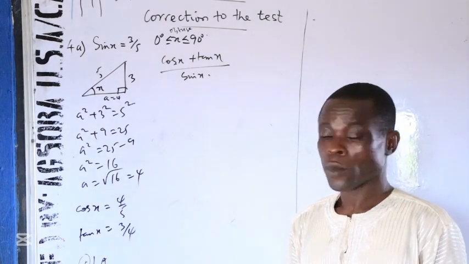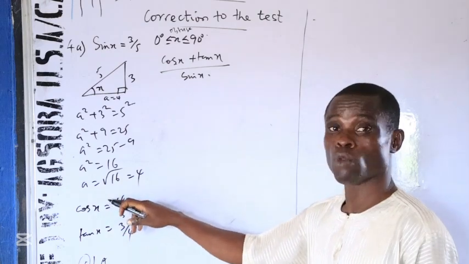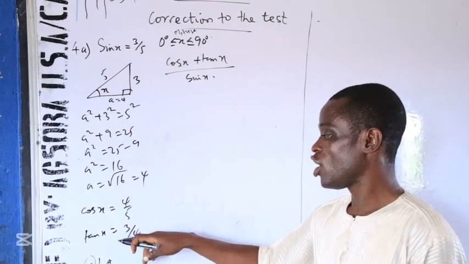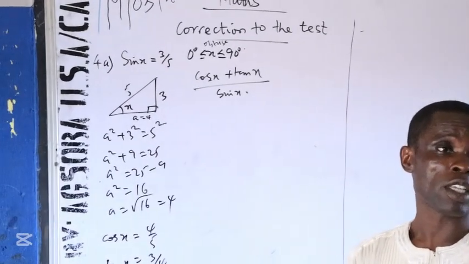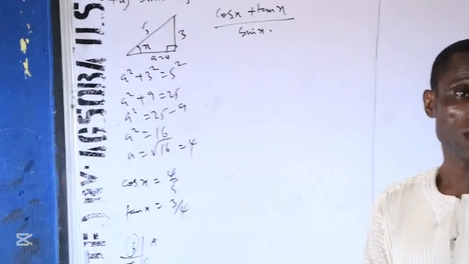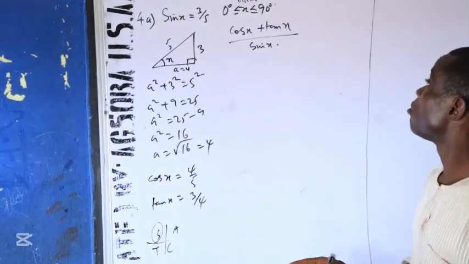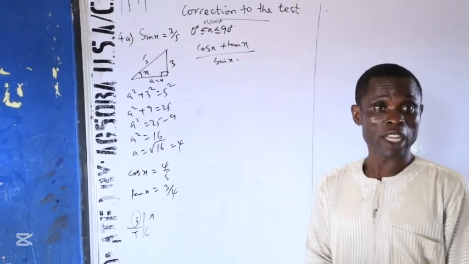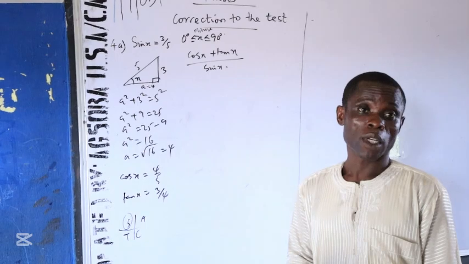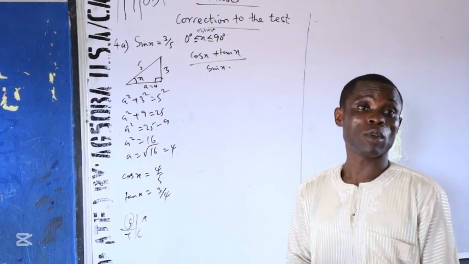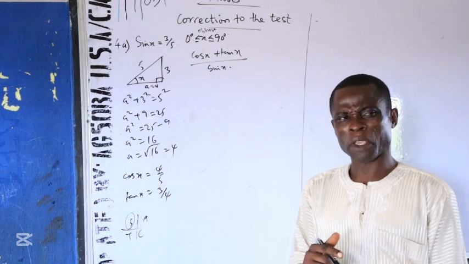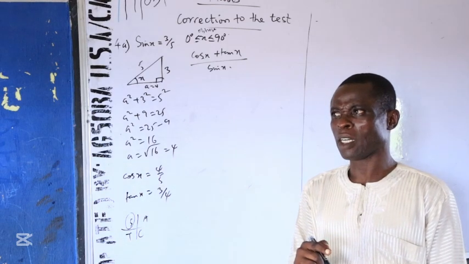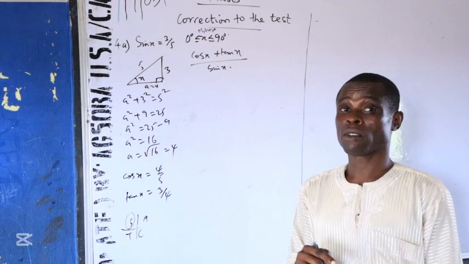Are you with me? So if you now change cos to minus 4/5 and tan to minus 3/4, that shows that it is in the second quadrant. Other basic angles less than 180, that is obtuse now. An angle that is greater than 90 but less than 180 is in the second quadrant. But if it is third, I cannot say reflex.